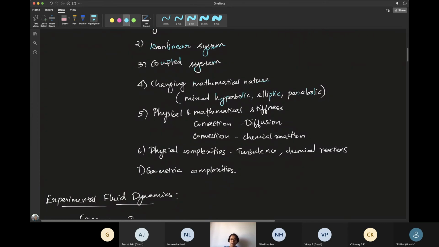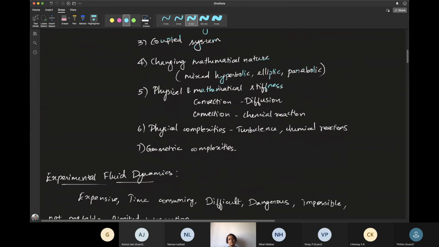And then we have physical and mathematical stiffness. That is, we have convection and diffusion coupled together, and convection and chemical reaction coupled together. The time and length scale for convection is different from the time and length scale for diffusion. Diffusion is a slow process compared to convection. So capturing both of them in a single equation is itself a difficult process, because you have to work on some scale.